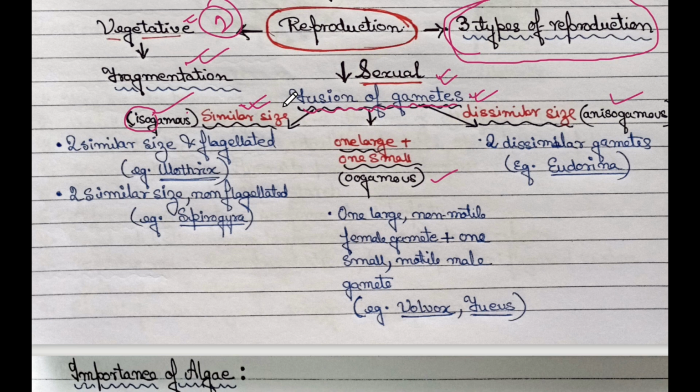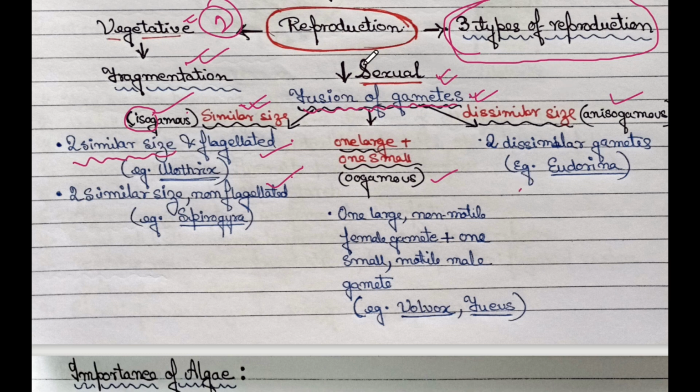In isogamous fusion, two similar sized gametes are fused. They can be either flagellated or non-flagellated, but isogamous fusion will always involve two similar sized gametes.